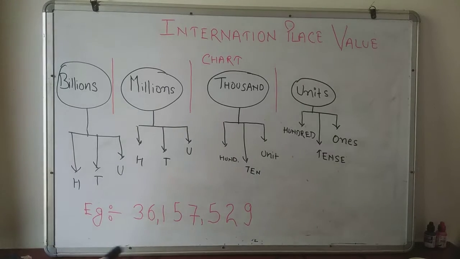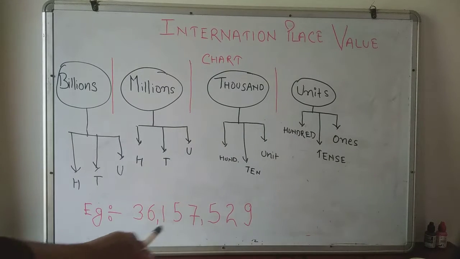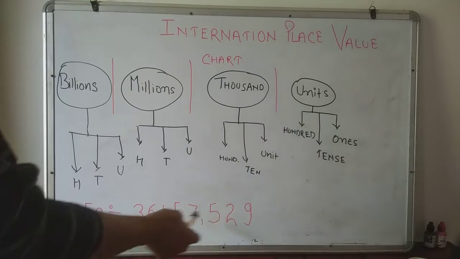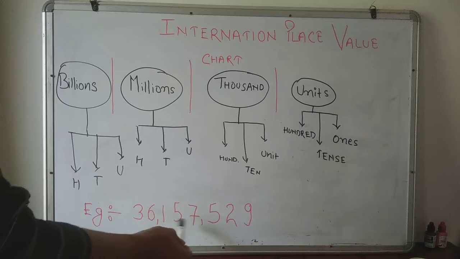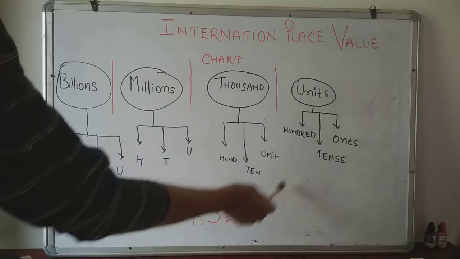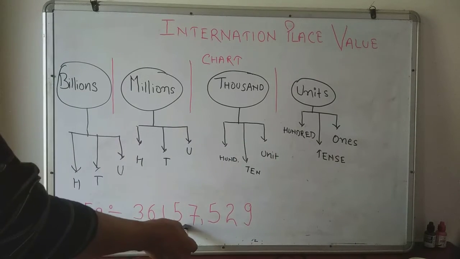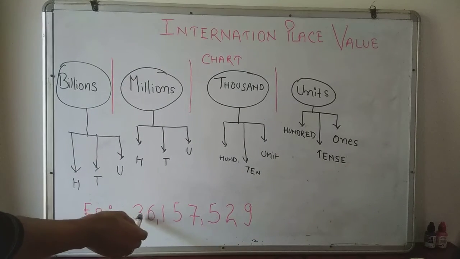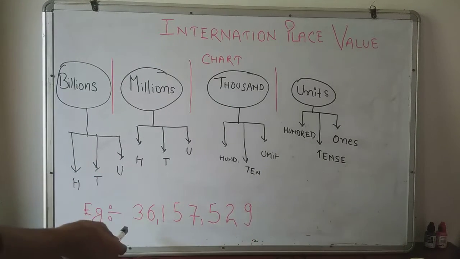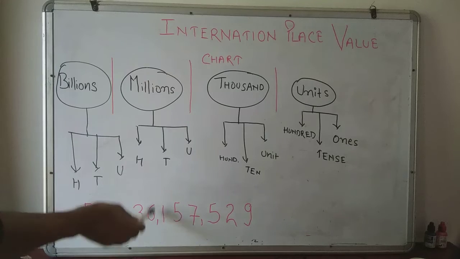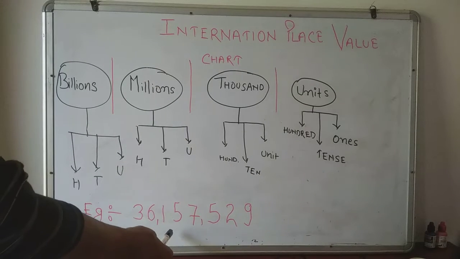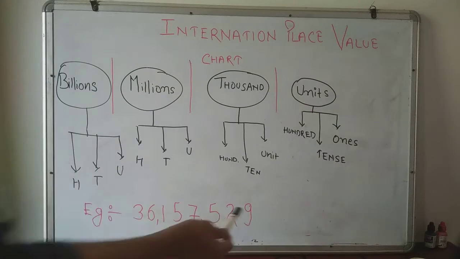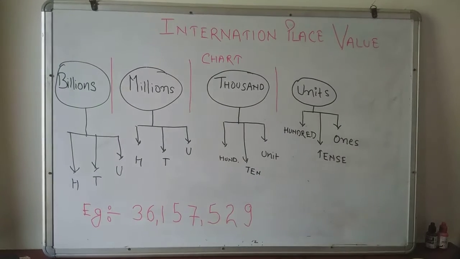In this way, we can easily read in proper format. So this number can be read as: these three digits belong to units, these three digits belong to thousand, and these two digits belong to millions. So we can read it as 36,057,529. I hope you got it.